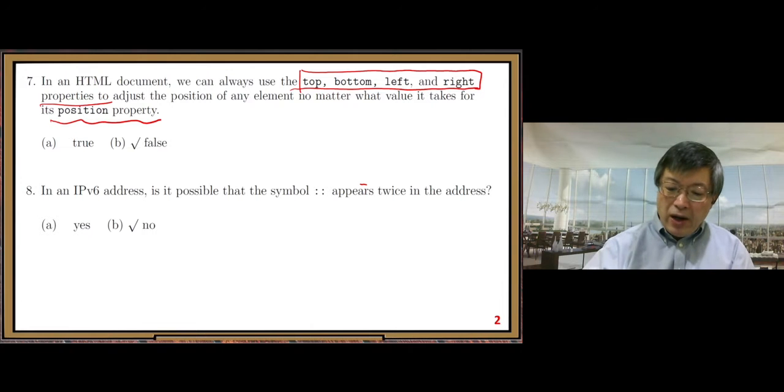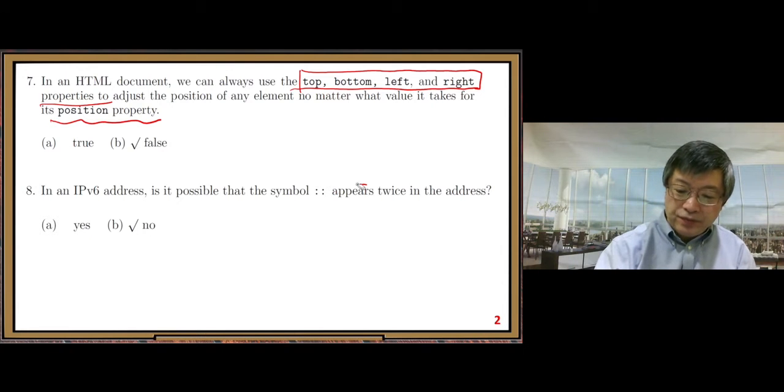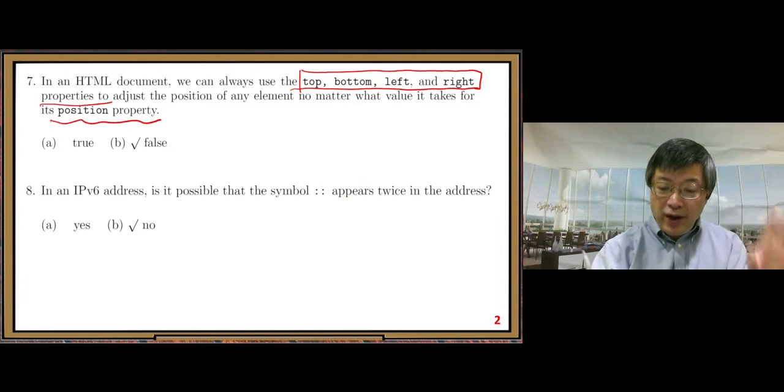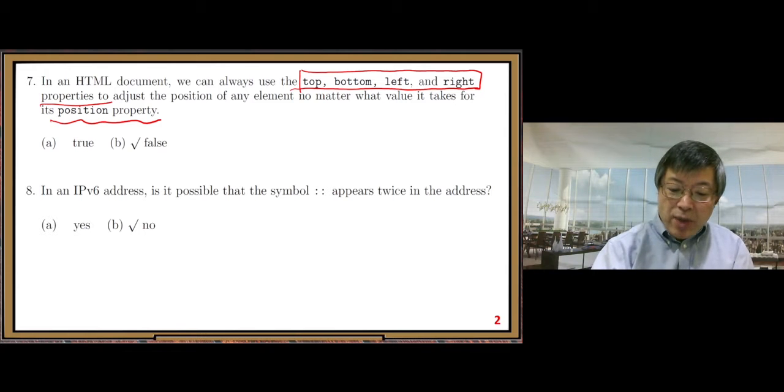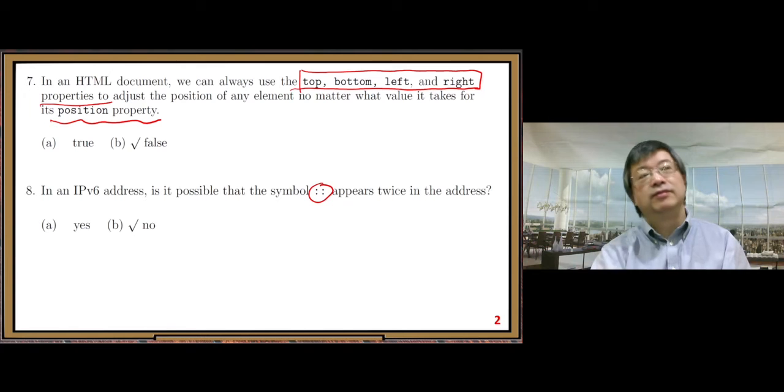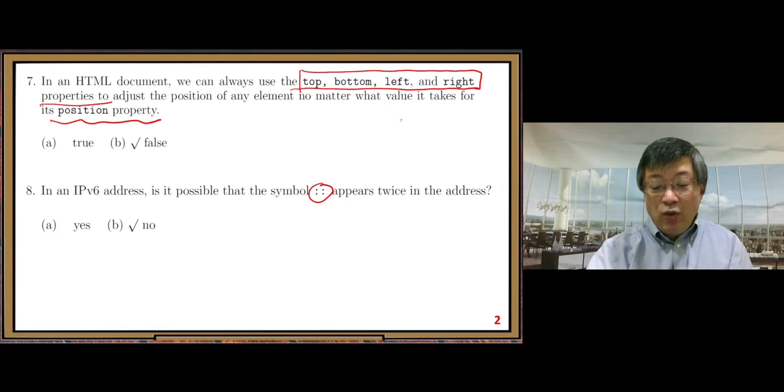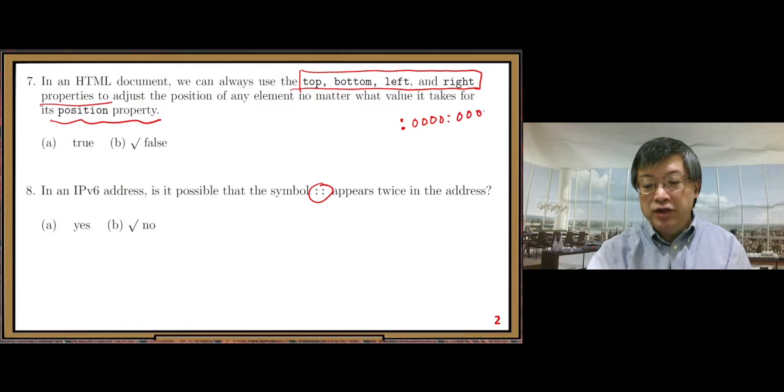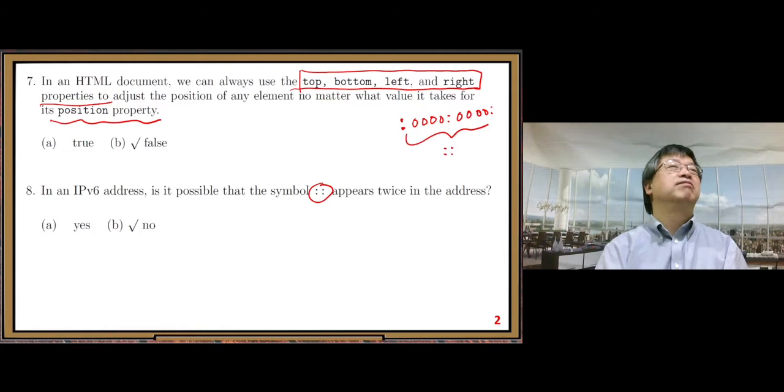So here I modified it a little bit. The same rule applies. Is it possible to use the symbol double colon, because when we have multiple blocks of zeros, based on the rule, we can compress them as double colon?